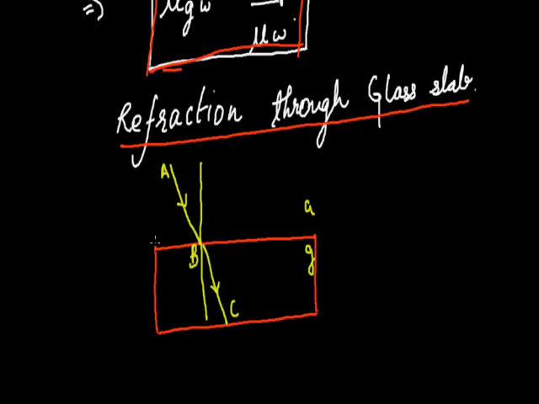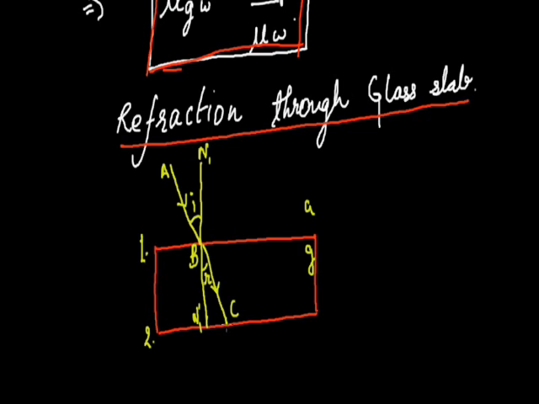Now this is the first interface and this is the second one. At this interface the angle of incidence is i, and this angle is equivalent to the angle of refraction, and we are naming this angle as small r. Now this is the first normal for interface 1, N1, N1 dash.